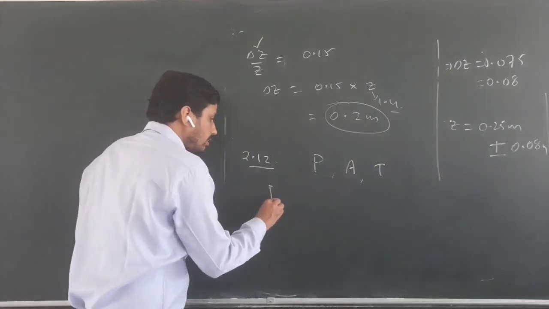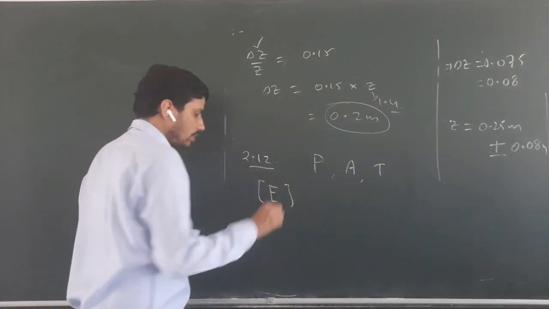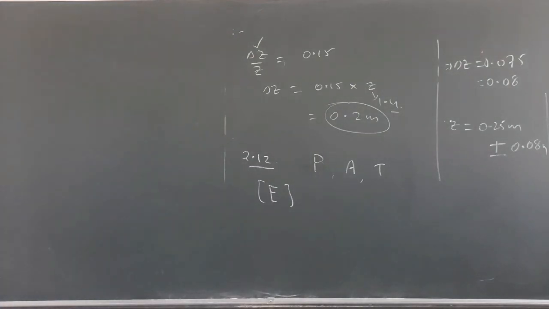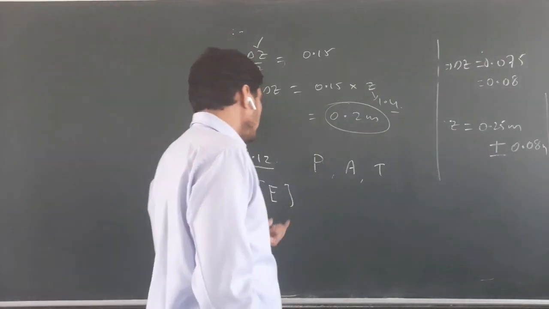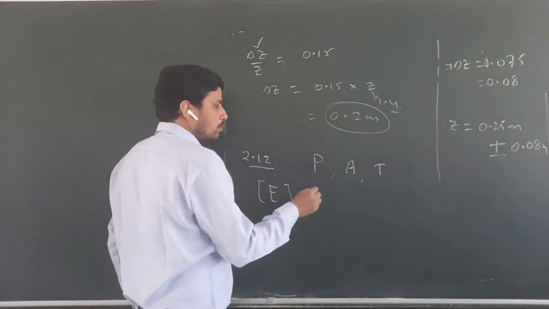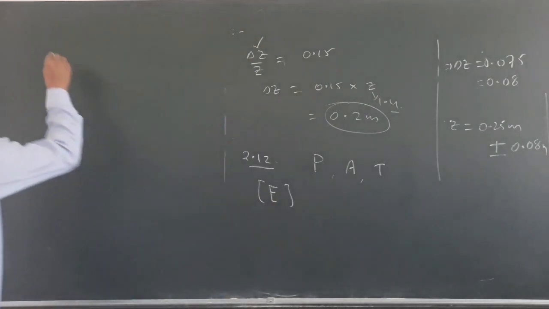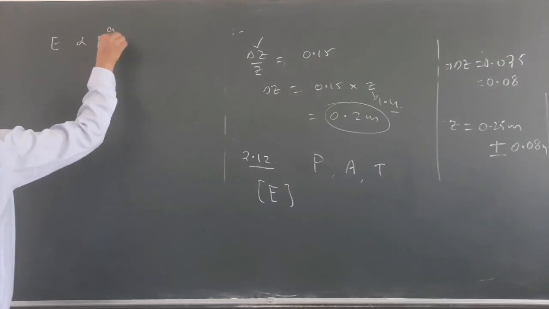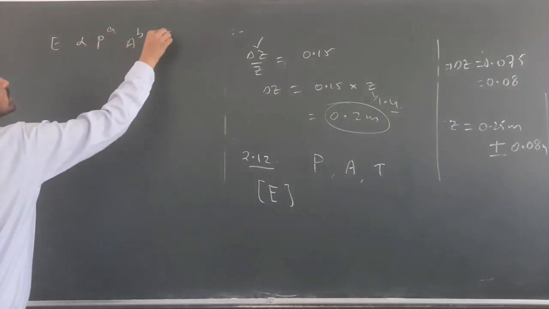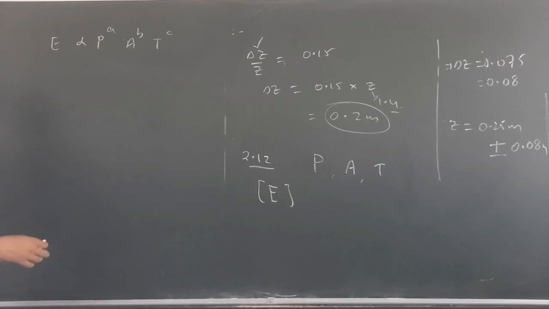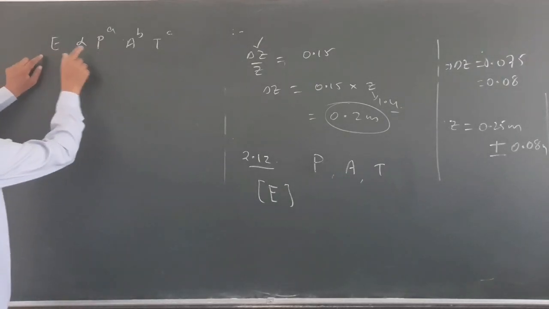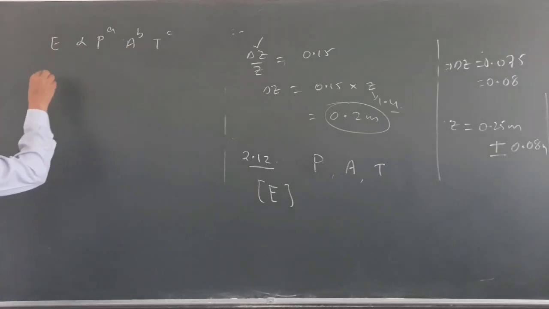Then you have to find the dimensional formula for energy. See, the correct method will be, let us take energy to be proportional to P to the power something, area to the power something, T to the power something. This is the actual method as far as dimensional analysis is concerned. Then write the dimensions of E, P, A, T and then equate.